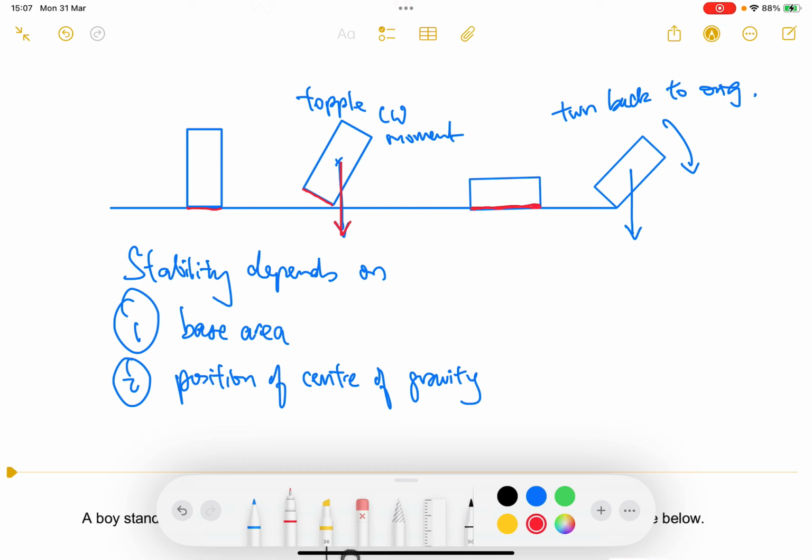So if you were to tilt this cuboid when it is in this position, it is more difficult for it to turn such that it will topple.